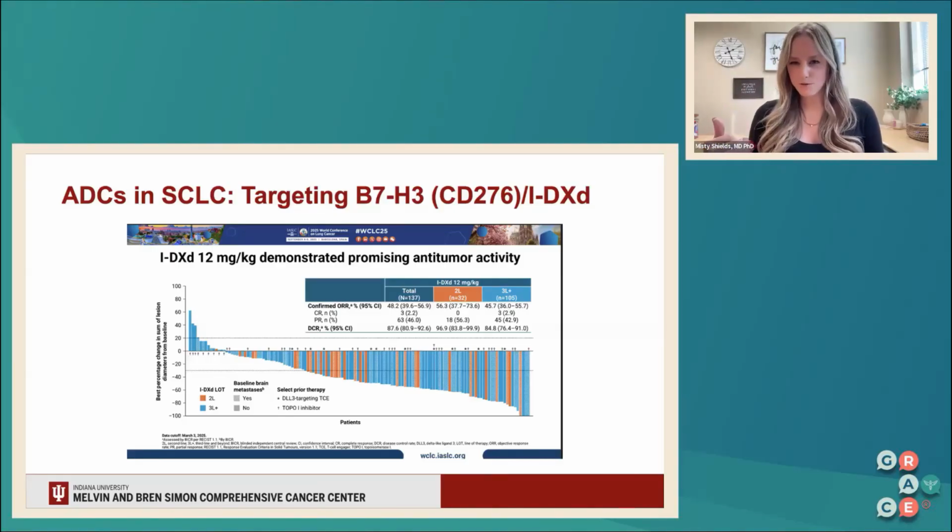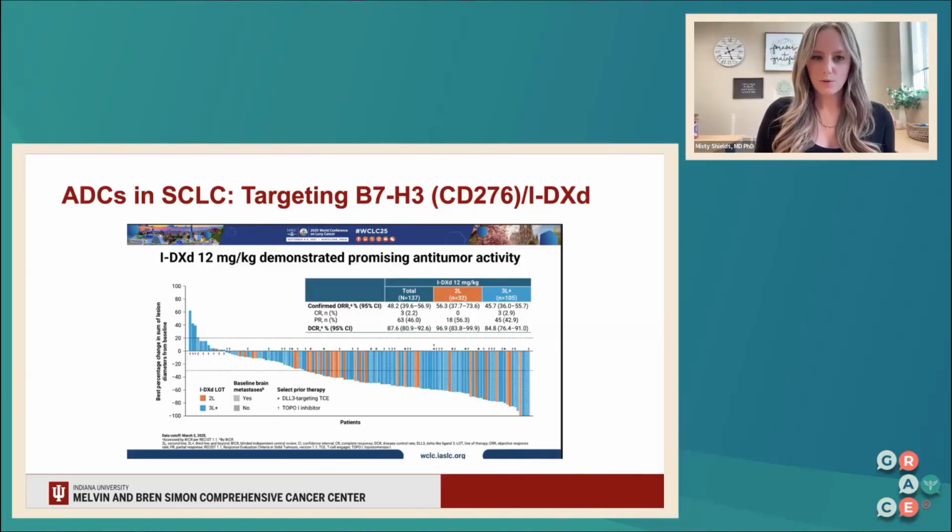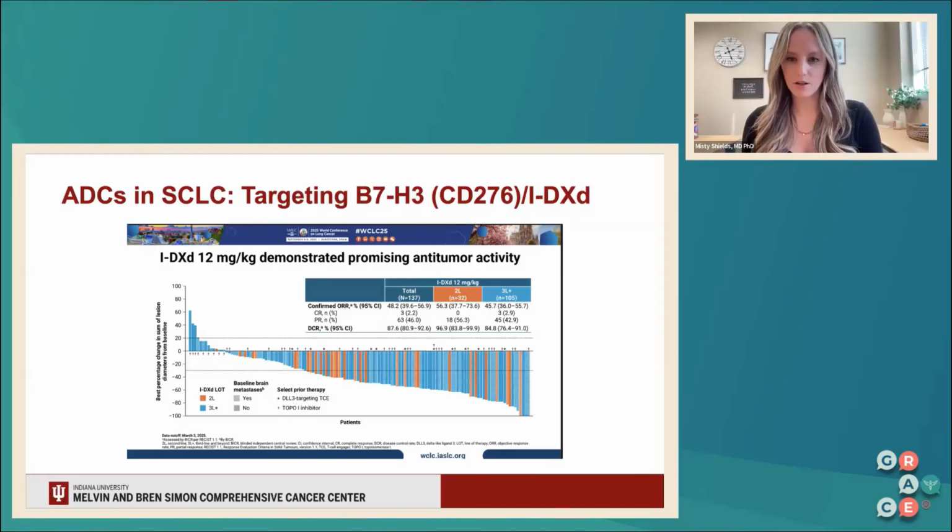And so the deeper the waterfall, the better patients are doing, and this is what we want to see. And so you can see here with this antibody drug conjugate targeting B7-H3, a number of patients having an objective response, hovering around 50% of patients having shrinkage of more than 30% of their small cell lung cancer while on a trial. This is so exciting and really evidence that this is a really meaningful target, a meaningful investigational agent.